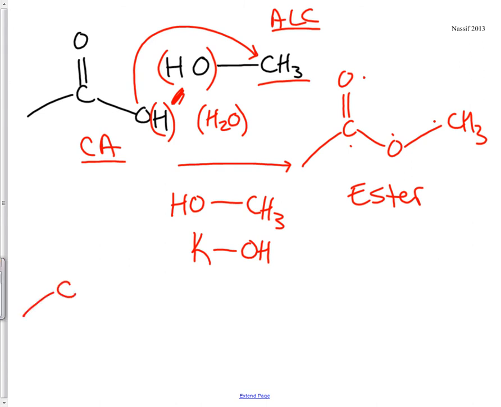We still have our carboxylic acid group, except now this is an ionic bond. So really what we have is K plus and OH minus. In the same sense as before, the products of these two reactants would be a carboxylic acid salt and water.